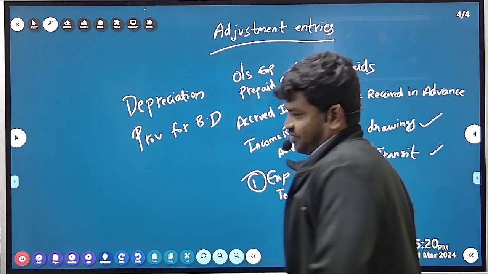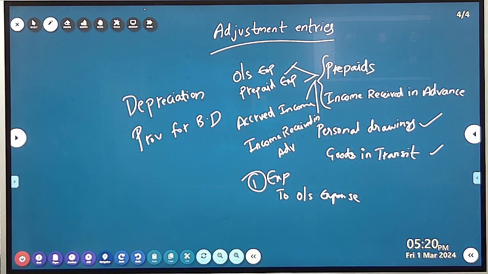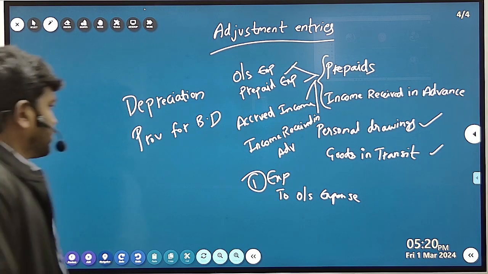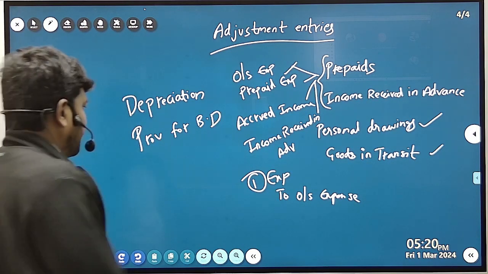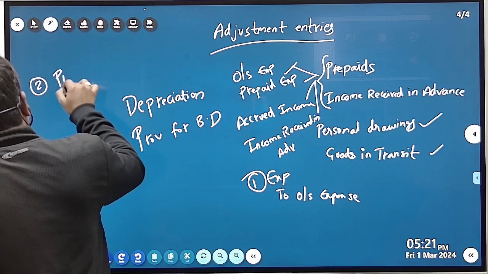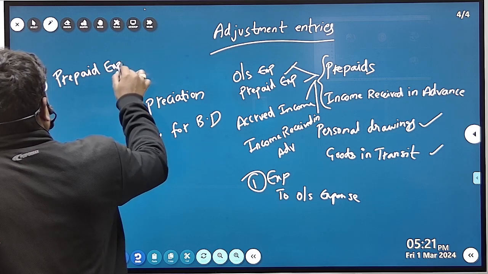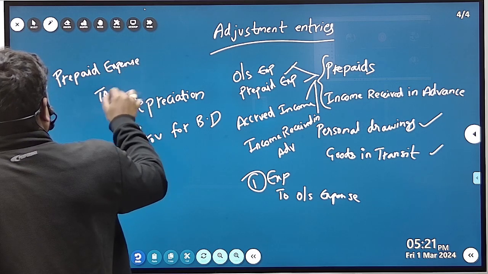Prepaid expense. No. Prepaid expense account debit to expense account. Why? What is the logic?